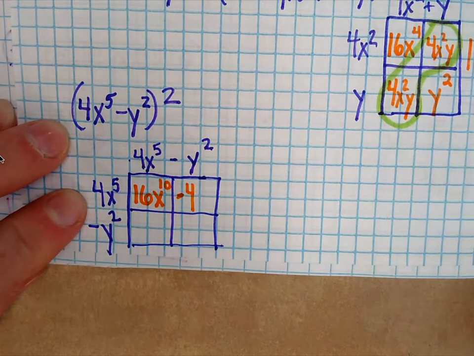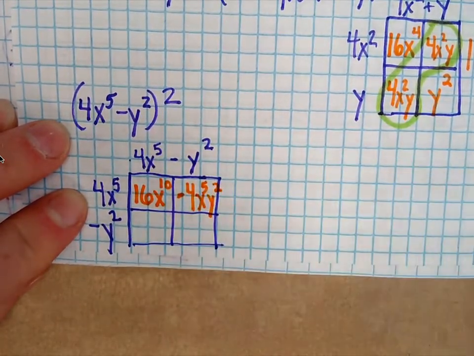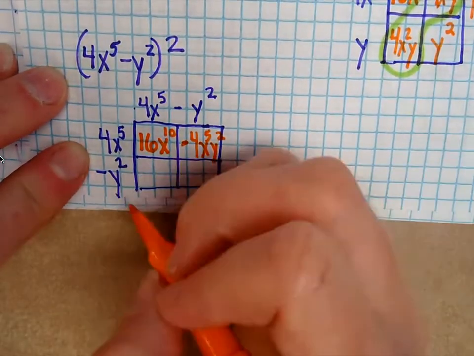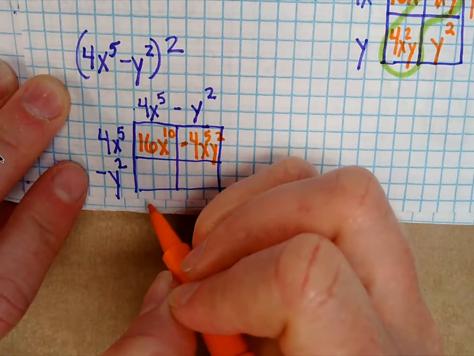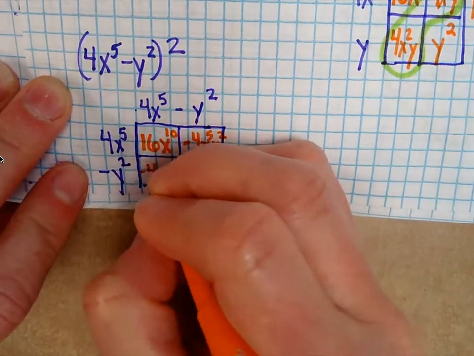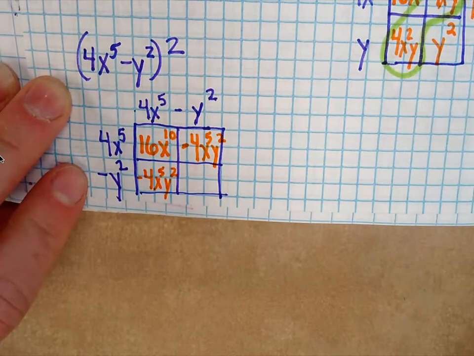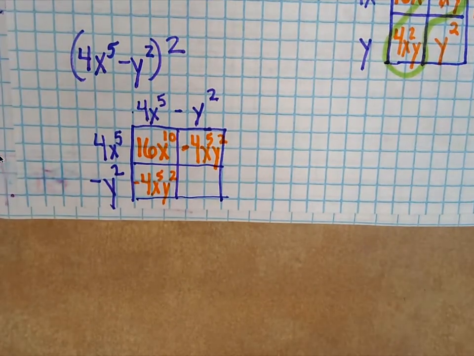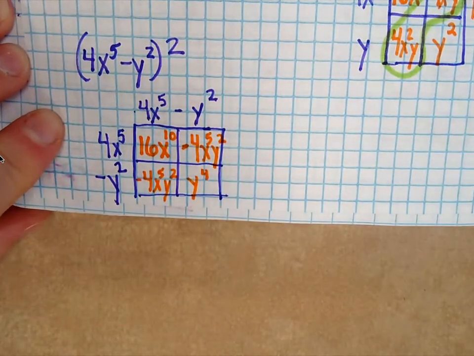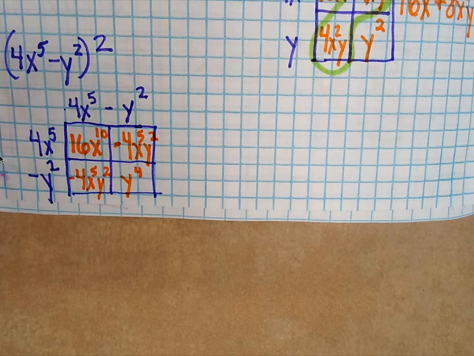X to the 5th, y to the 2nd. And then the next one should be the same thing, right? 4 times the negative 1 is negative 4, x to the 5th, y squared. But negative times negative, positive y to the 4th. Yep, because you add your exponents when you multiply.